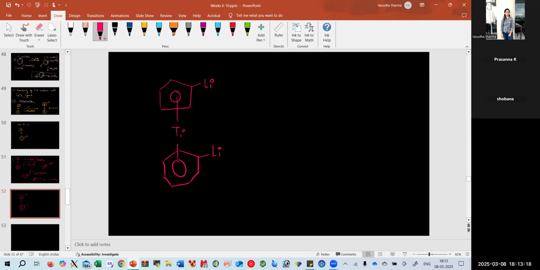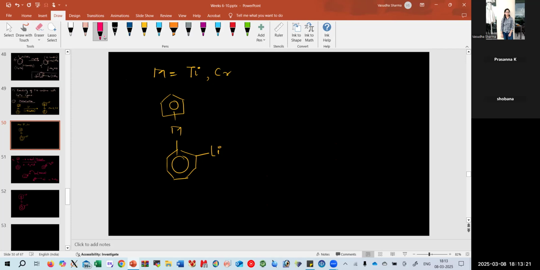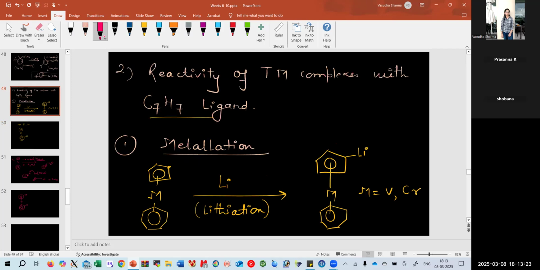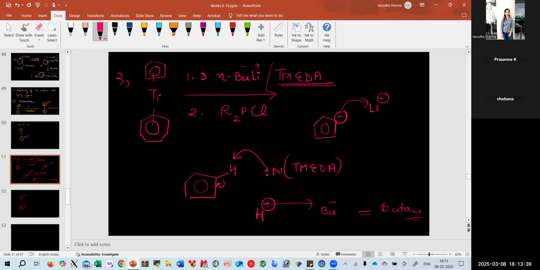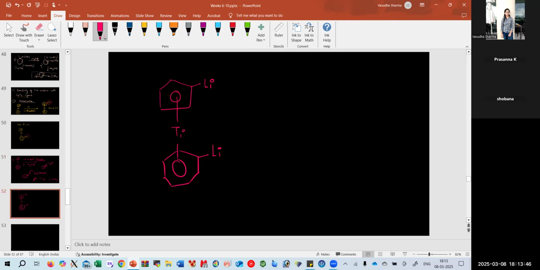Earlier, in other cases when we were not using any base, if the metal is vanadium or chromium, we can have lithium over here or lithium at this side. If we have titanium, lithiation was predominantly happening on the C7H7. But in the presence of TMEDA, which is a strong base, it can deprotonate both ligands, and therefore we can expect lithiation on both sides. If there is any question so far, please let me know.